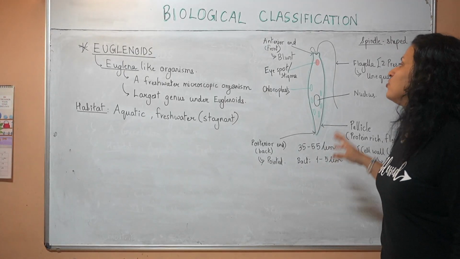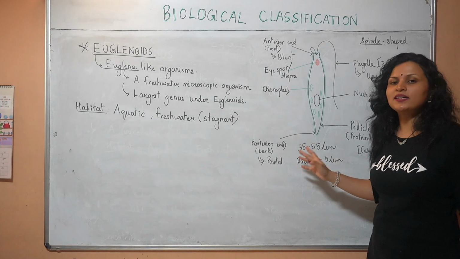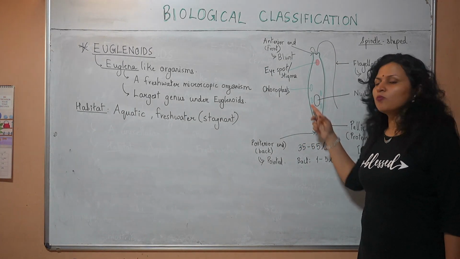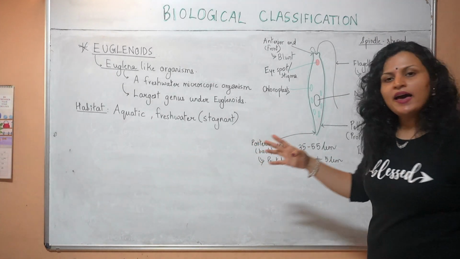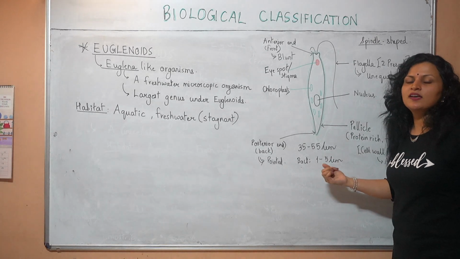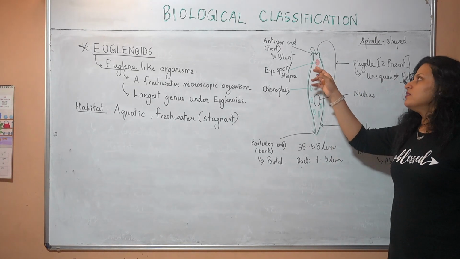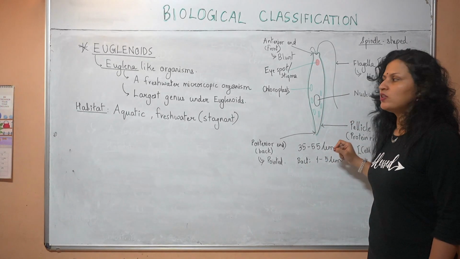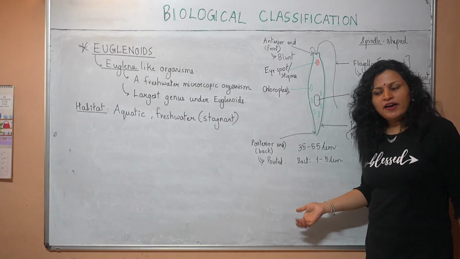If you look at this creature carefully, you will observe that it has certain plant-like characters, like the ability to photosynthesize. Chloroplasts, etc. are plant-like features, but it has certain animal-like features as well. For instance, the presence of flagella, a locomotory organ, the presence of an eye spot, and absence of cell wall are animal-like features.